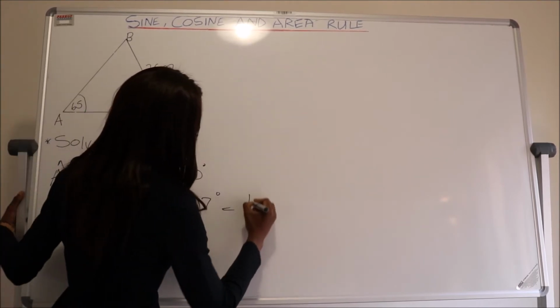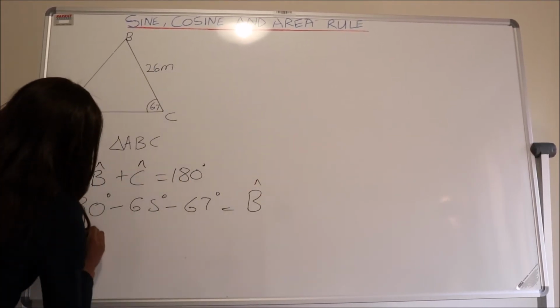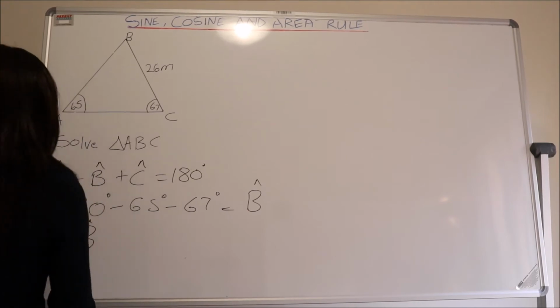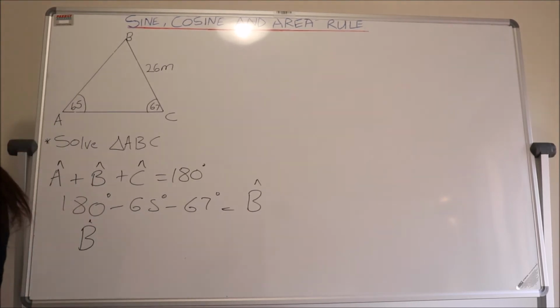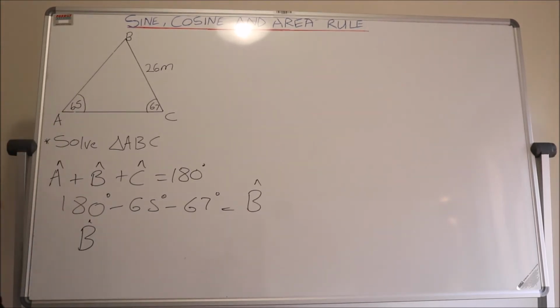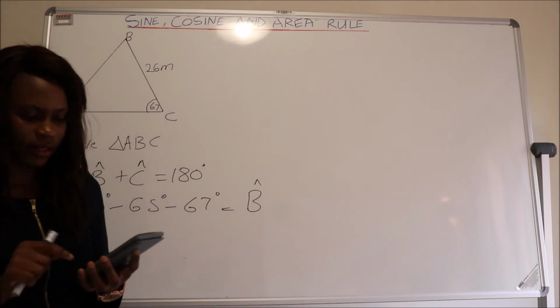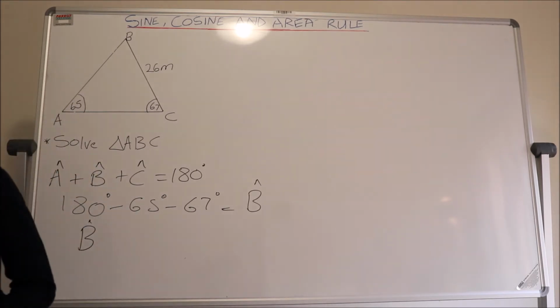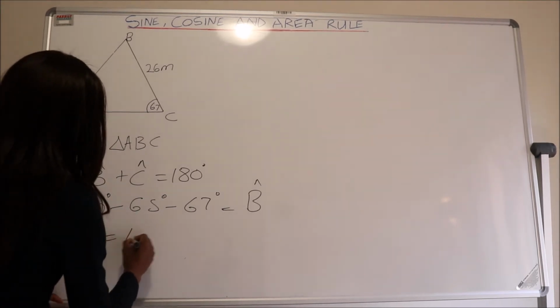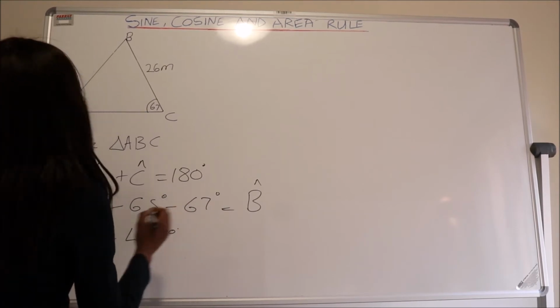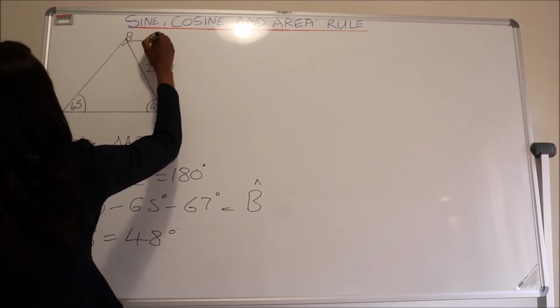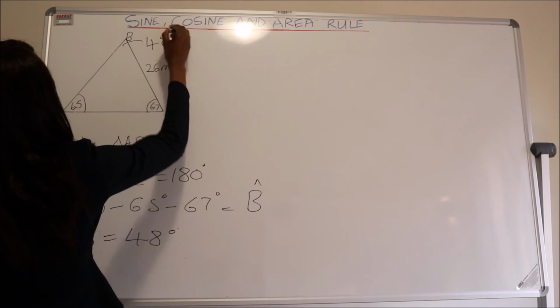That will give us the angle of B. Using my calculator, 180 minus 65 minus 67 is equal to 48 degrees. Then B here is equal to 48 degrees. This is B right there, which is equal to 48 degrees.